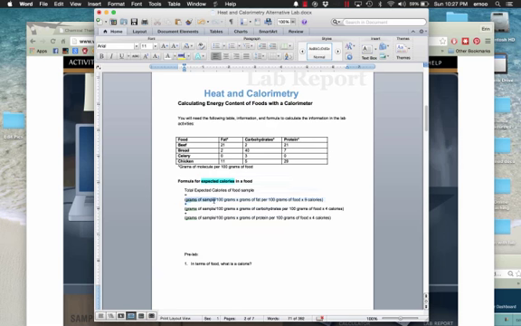So that would be 10 grams times the grams of fat per 100 grams of food. Well, if we're doing beef, that's 21. Oops, that didn't go in the right spot. 21.